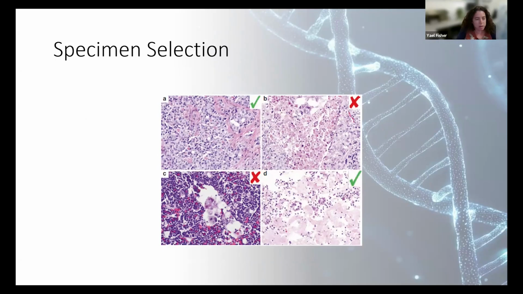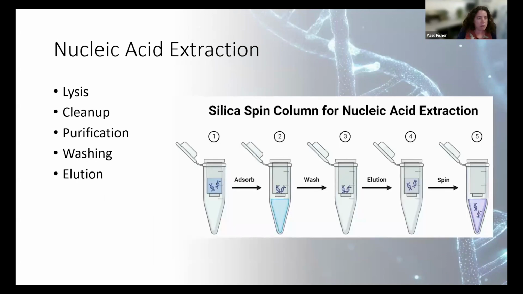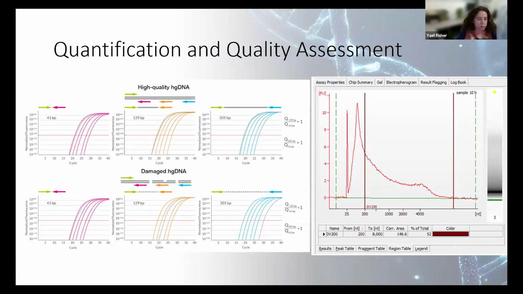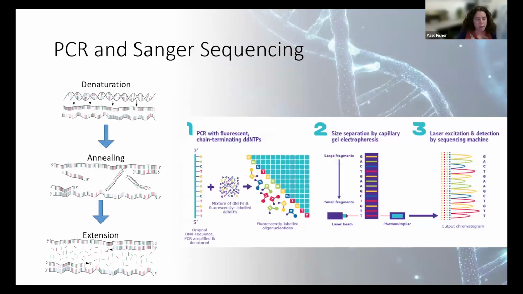In our second meeting, we talked about the laboratory side of molecular pathology, starting with selection of an adequate specimen for testing, continuing with extraction of DNA. We talked about the importance of quantification and quality assessment of this DNA we have, and the different methods of sequencing.